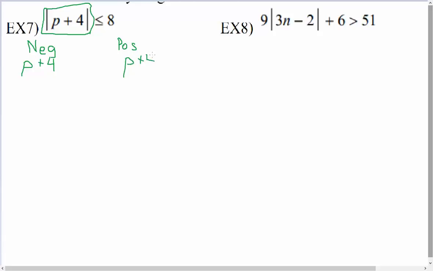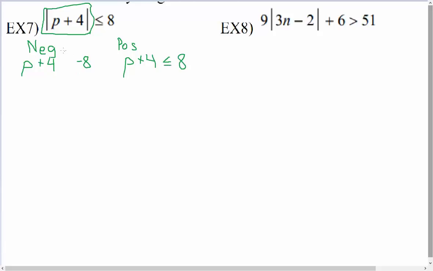And this is where things get a little different. So since it's negative, we're going to have negative 8. Since it was positive, we'll have positive 8. Since it stayed positive, we leave the symbol alone.